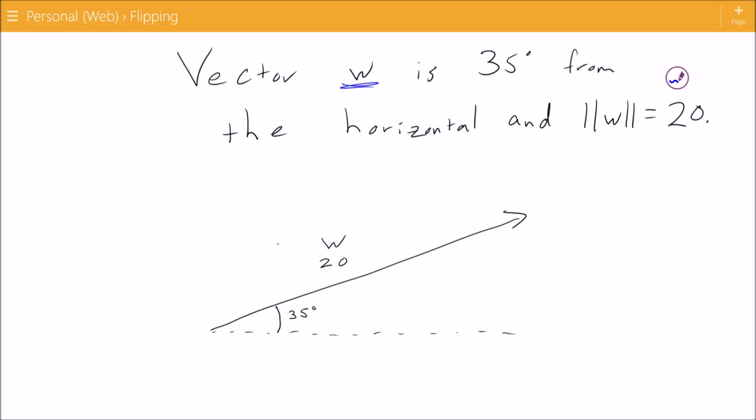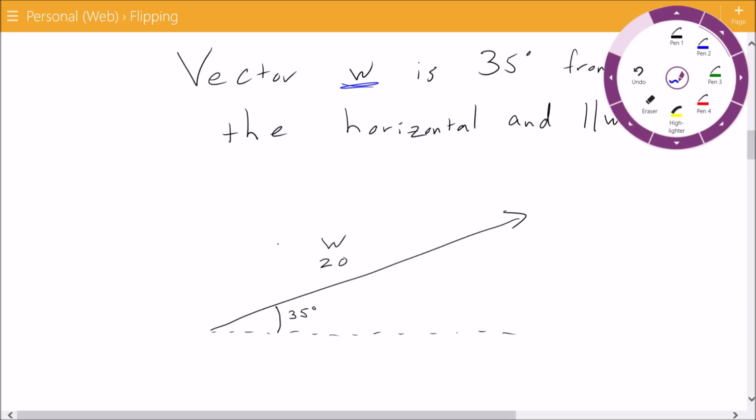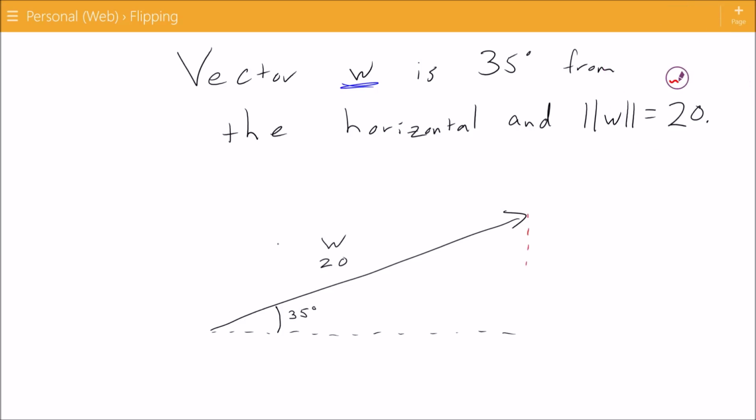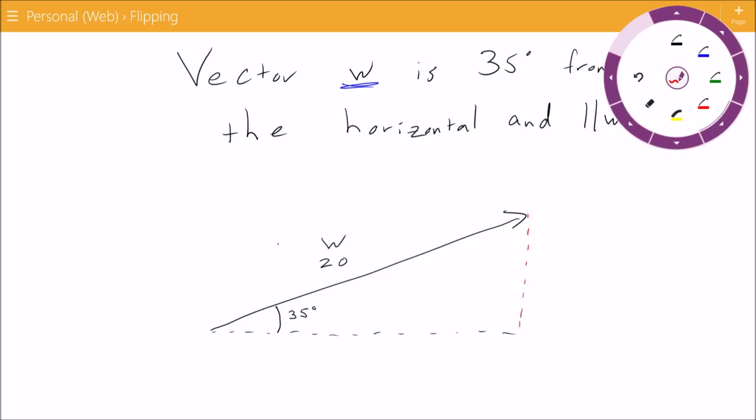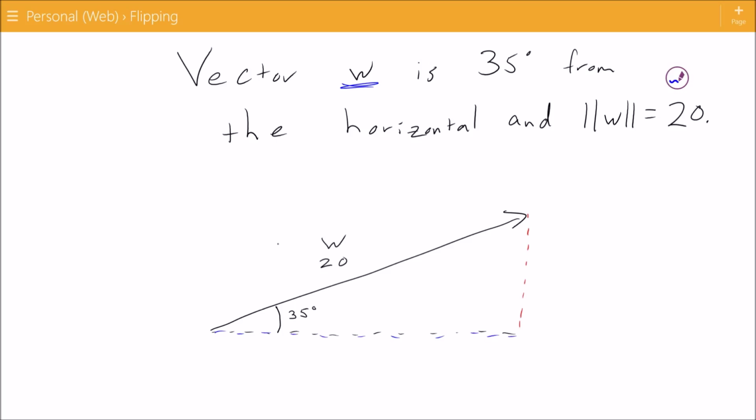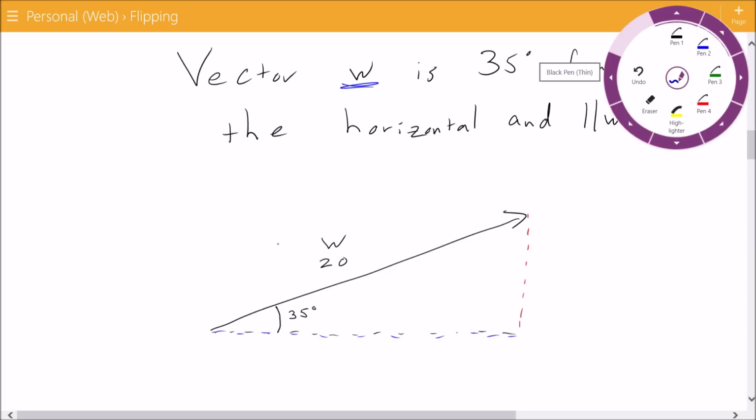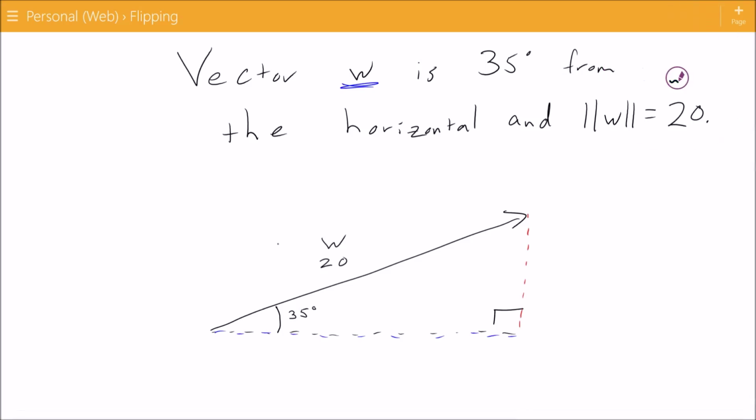So 35 degrees. Looking at this, if I add a little bit of a vertical there, and I mark that down there, I have got a good old right triangle. And using the fact that I've got this 20 here, what part of a right triangle is this side where the vector is?